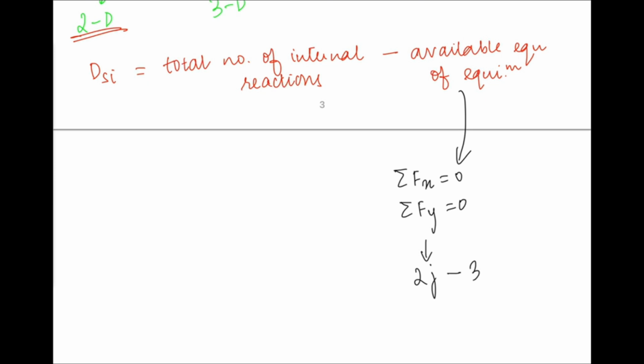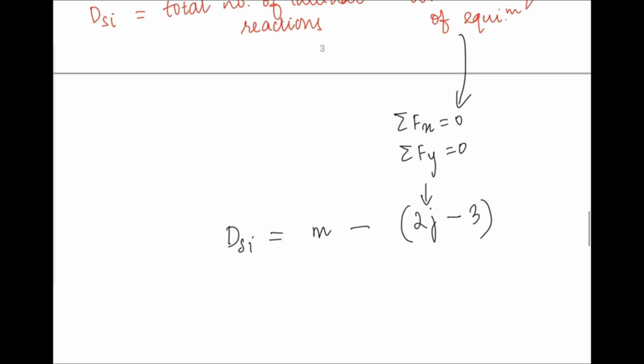Okay, so this becomes your available equations which you have left, and the total number of internal reactions is equal to the total number of members. So that's why for a 2D truss you have the equation as dSi, which is your degree of internal static indeterminacy, is equal to m minus 2j minus 3. Okay.